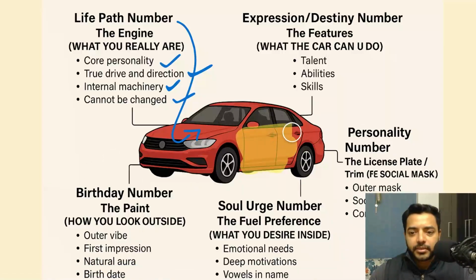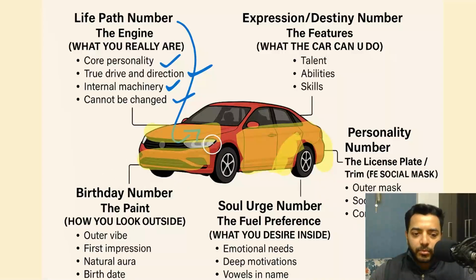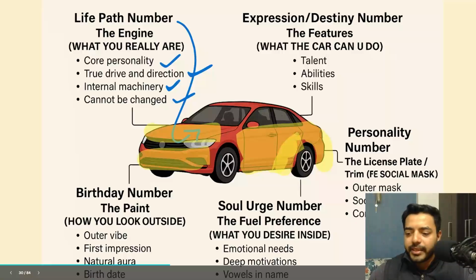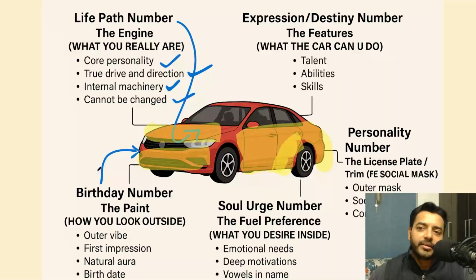It can always change, but in this case we are not going to change it. I just changed red to yellow. But the idea is, the birthday number is simply the color or the paint of this car.